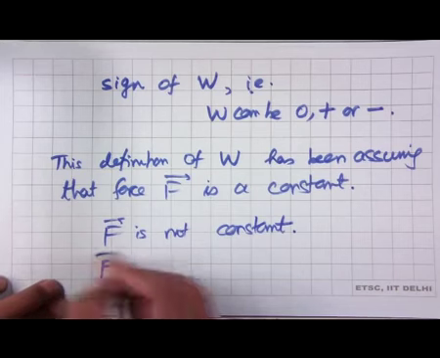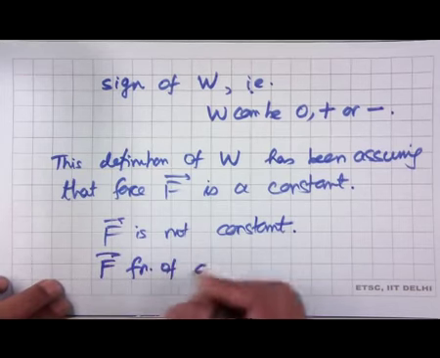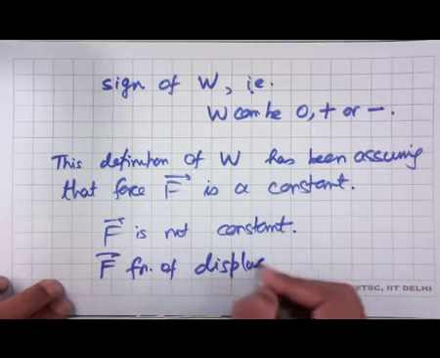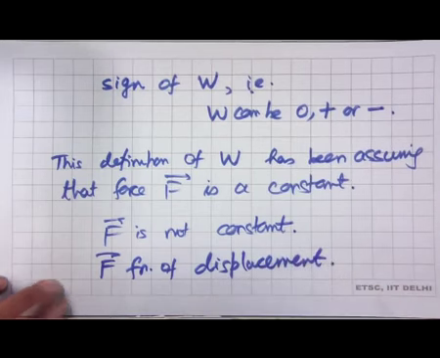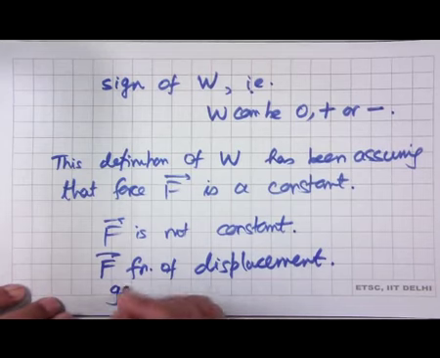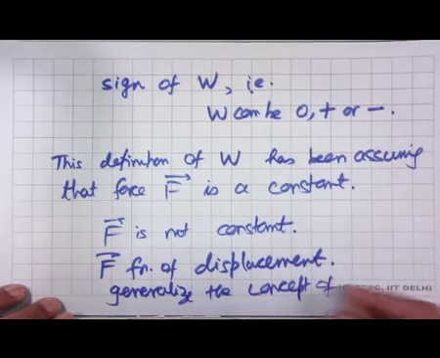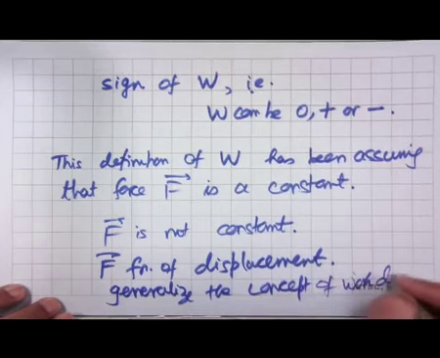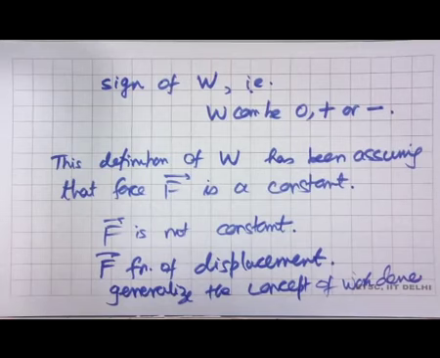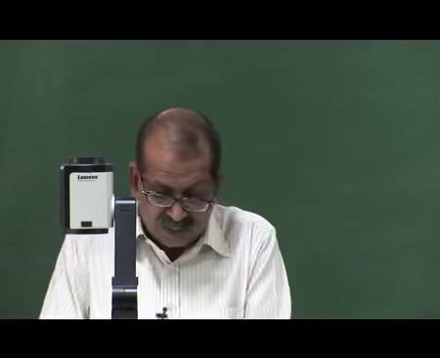It may be a function of the displacement. And in that case, we will have to now generalize the concept of work done even further, and that is what we will now do.